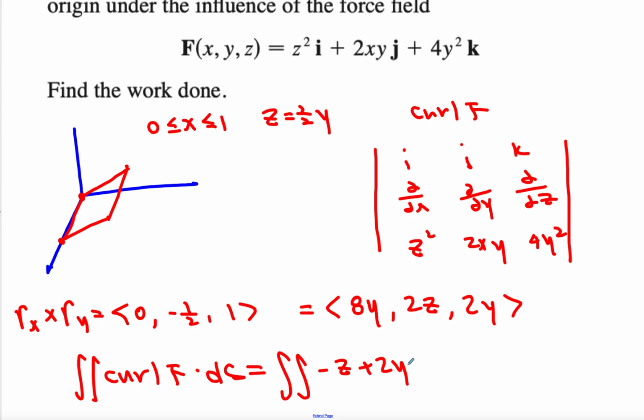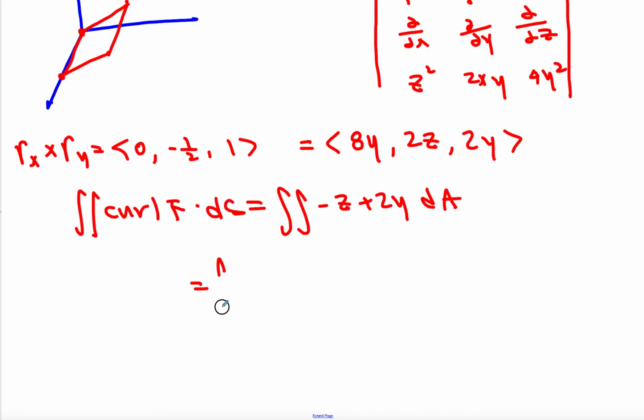Now, but z is in fact half of y, so what we end up getting is negative y plus 2y dA. In other words, I'm getting y.